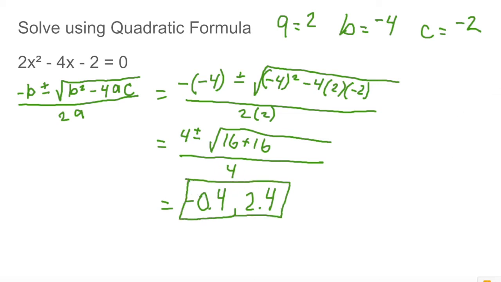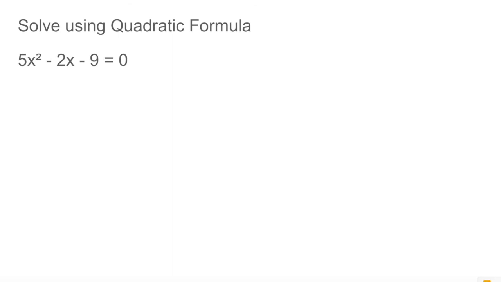Okay, let's try another one. First, let's identify a, b, and c again. We see that a is equal to 5, b is equal to negative 2, just the coefficient of x, and c is the constant on the end, negative 9.